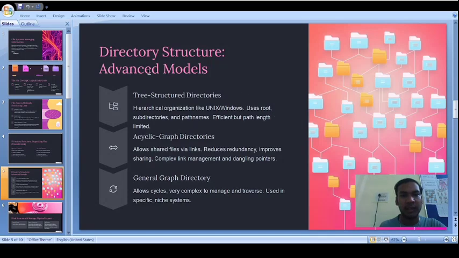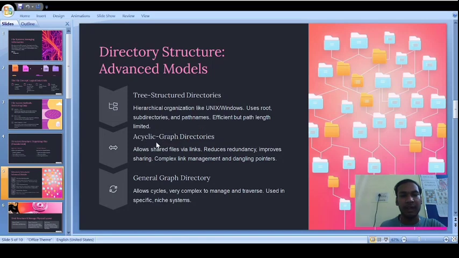Directory structures in advanced modes. There are three types: tree structure directories, acyclic graph directories, general graph directories. Tree structure directories, where the files are stored in a hierarchical organization, like Unix, Windows, with root, subdirectories and path names.